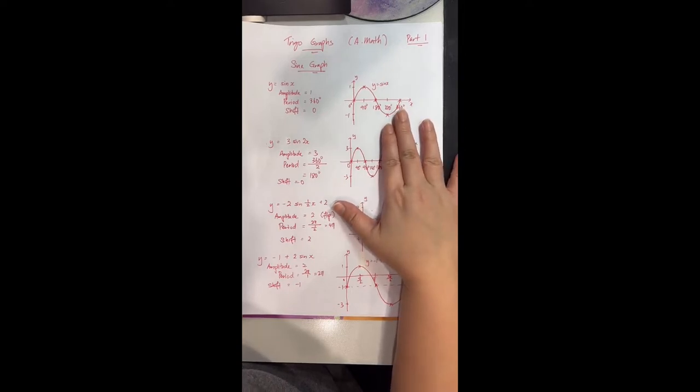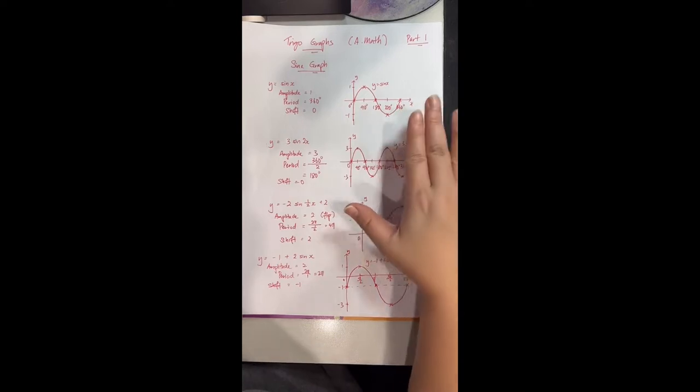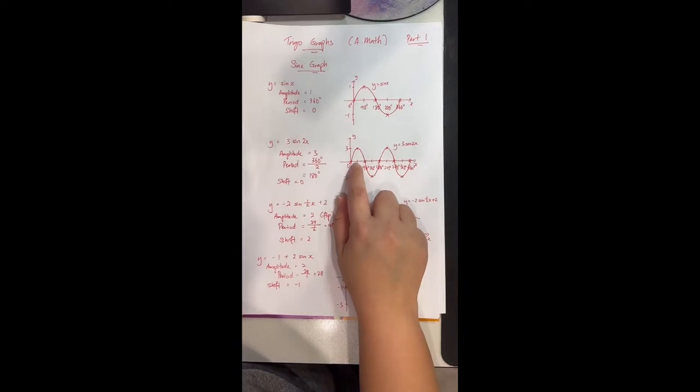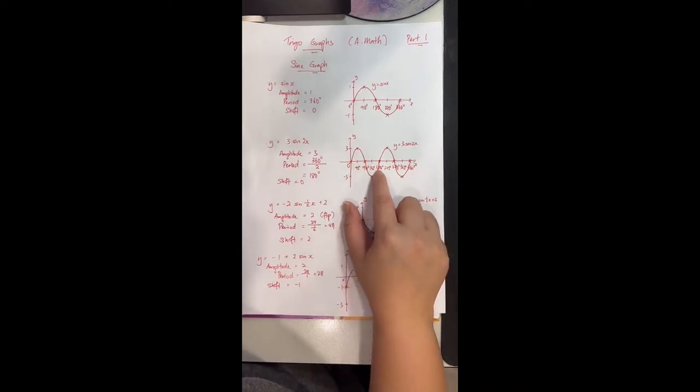Once you're done with 1 cycle, you do the same for the second cycle. You already know one interval is 45. So from the 180, I plus 45, I get 225. 225 plus 45, I get 270. 270 plus 45, I get 315. 315 plus 45, I get 360. That's how I get all the numbers here.